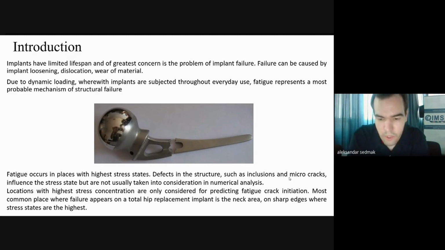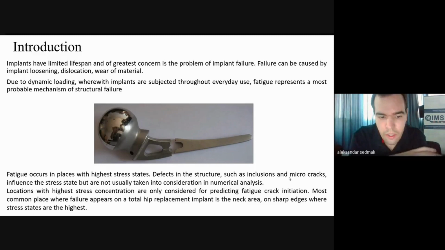Any types of defects in the structure, any inclusions and microcracks may also influence the stress states, mainly the residual stress in the implant, but they're not usually taken into consideration because most of today's implants are made by powder metal techniques with hot isostatically pressing the alloy.